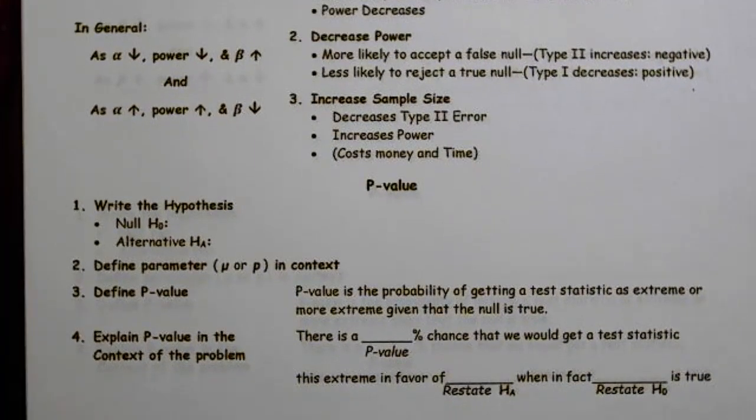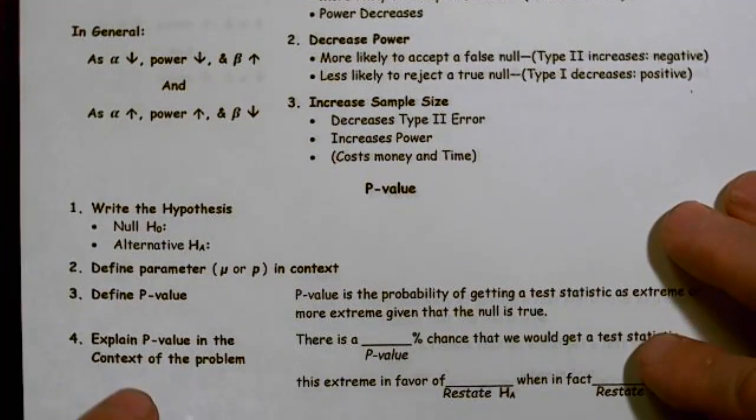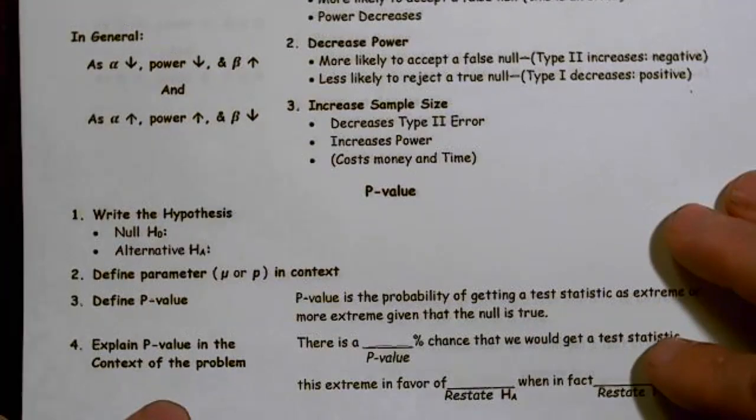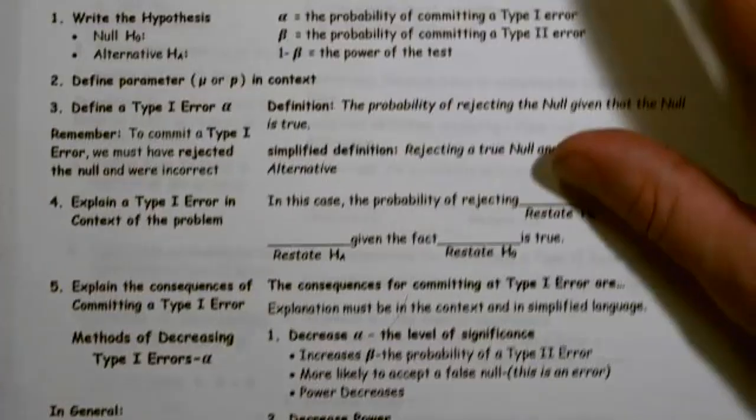And the reason I'm not going to break it down is I have found that for actually running the test, the simplified version of the recipes tends to work better. This one probably has more information that you need to know, but the simplified versions are probably better. So that's the recipe for type 1 error.